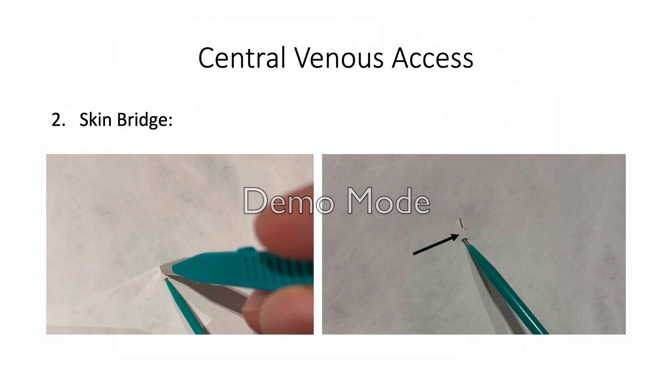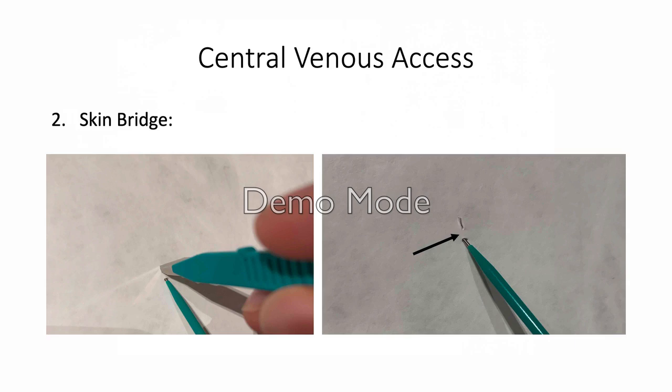The second tip is the skin bridge. What I mean by the skin bridge: when you do the skin cut with a scalpel to allow your dilator to go in, sometimes you don't cut the skin the whole way down to the puncture of the needle, which creates a skin bridge, as it is showing here with a black arrow.